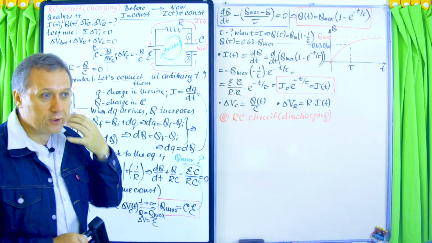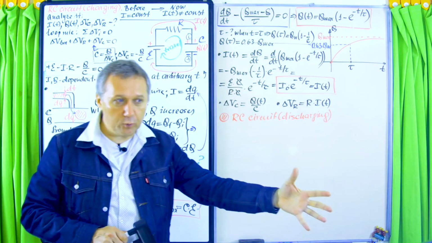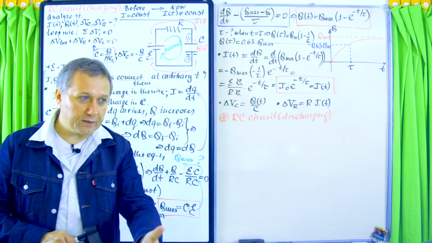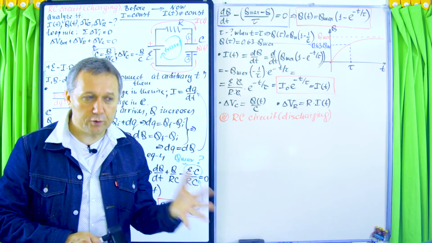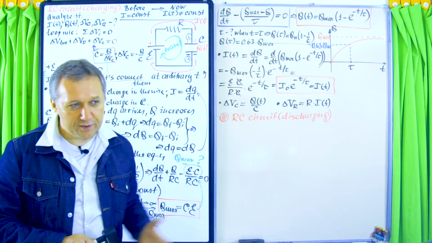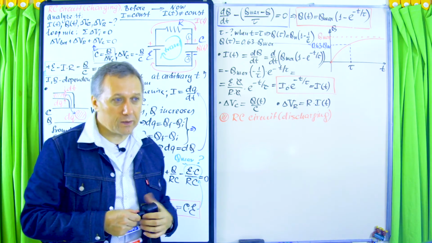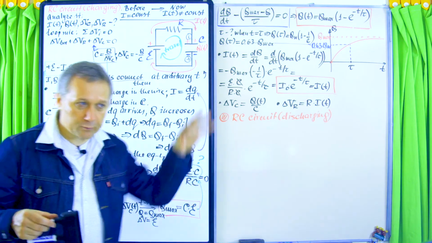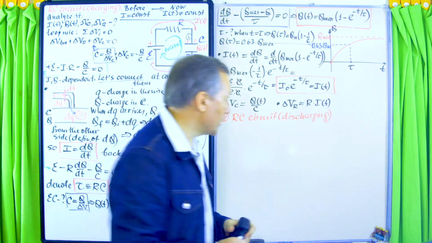So now the initial situation: capacitor is full, right? Switch is open, resistor is connected. Of course, a resistor must be there to slow things down, otherwise you'll just damage your system, right? And then you close the switch, and of course, a current will start flowing, and charge in the capacitor will start going down.